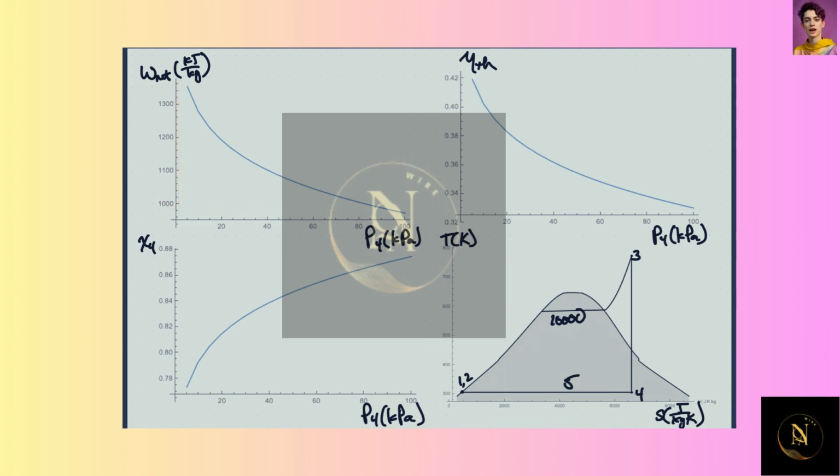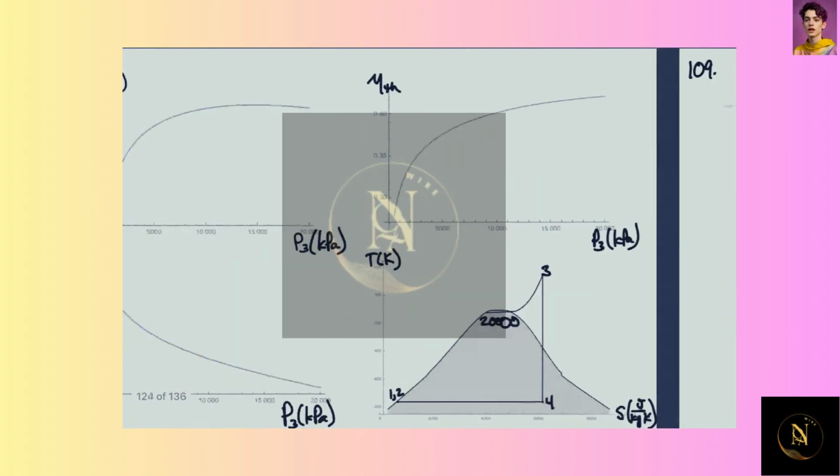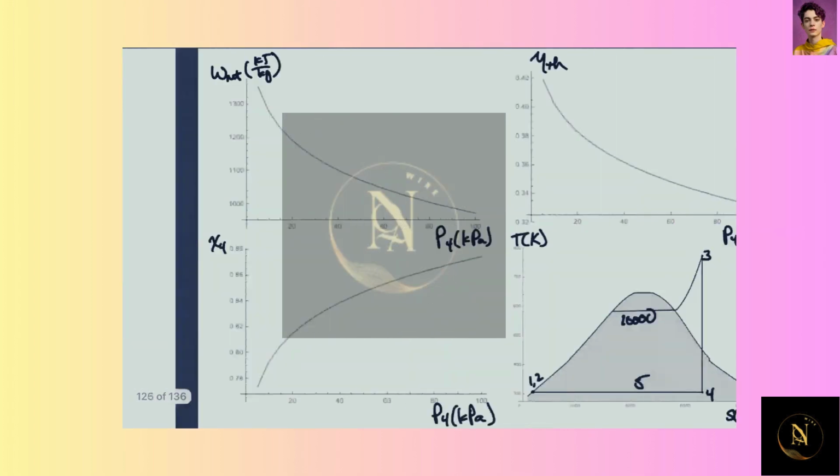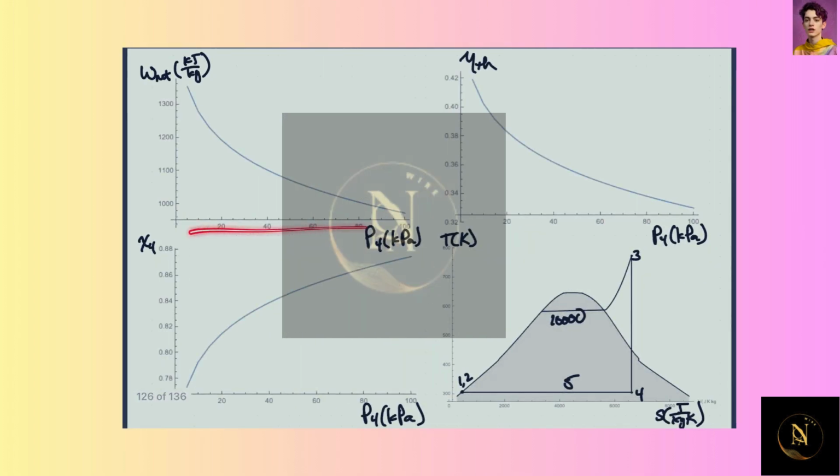So you can effectively change things quite a bit with the condenser pressure, even though we're only changing it over a range of 100 kilopascals. This changes quite a bit.